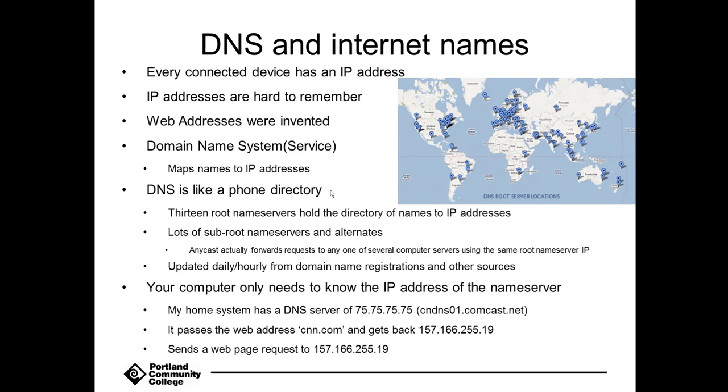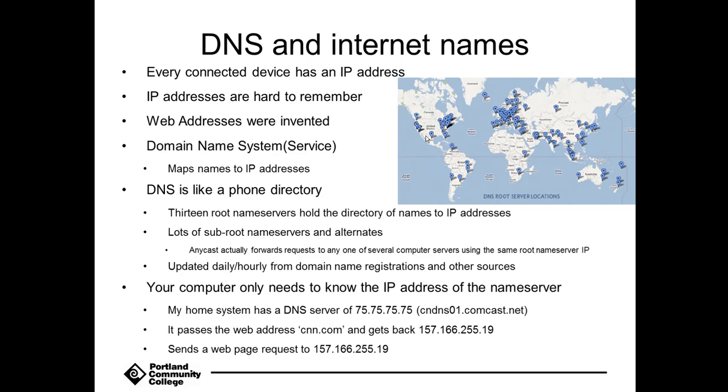Now, there used to be 13, I think hierarchically, legally, there still is 13 root name servers, like top-level phone directories, and those always had the latest information. Frankly, it was that way for a long time. That wasn't very reliable, so now there's actually lots of alternates and subroot name servers. Everybody's keeping track of who's who.